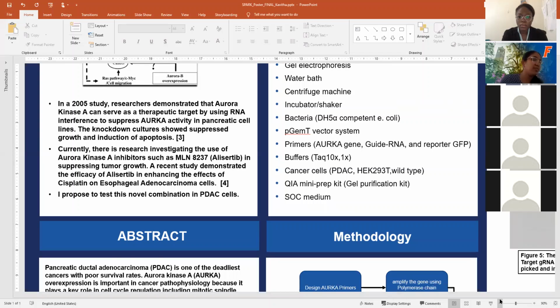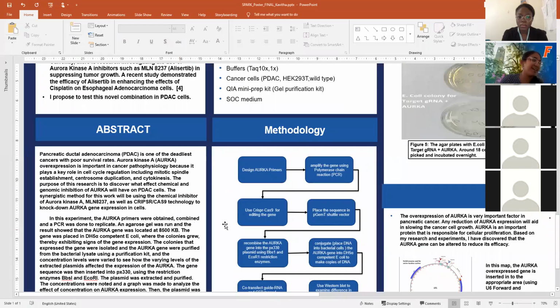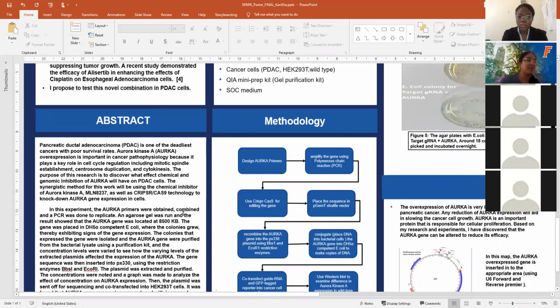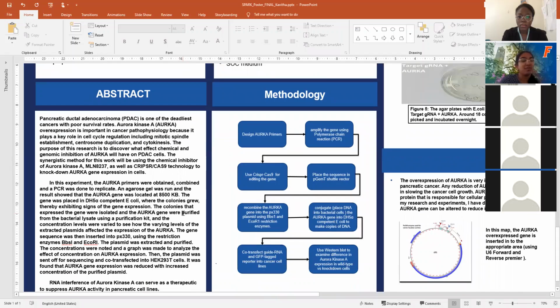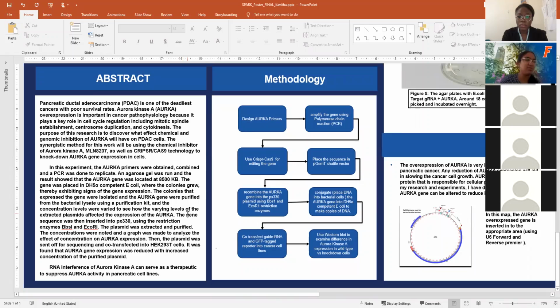Underneath that, I put the abstract. Now, this poster was a while ago. From my understanding, in most undergraduate research projects, you do not have to put the abstract in there. Generally, it's not even required, because when you're standing up there, you're stating your project anyway.